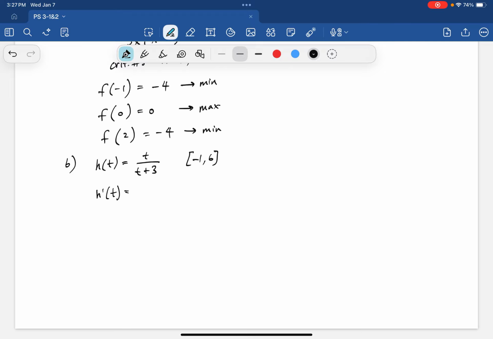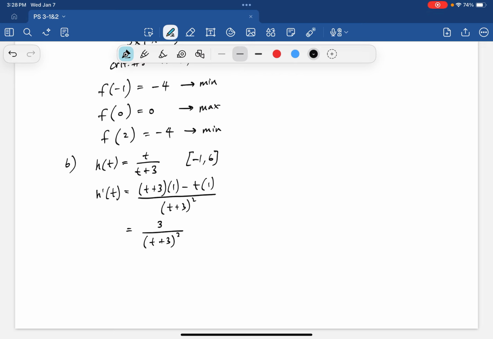We're going to have to use quotient rule here. Low d high minus high d low, over low squared. So that's going to come out to t plus 3 minus t on the numerator.